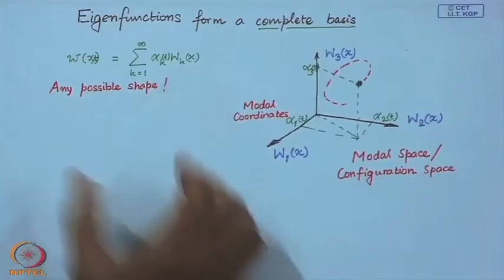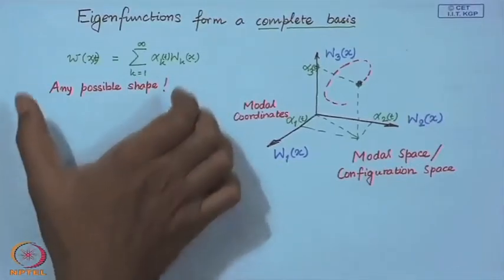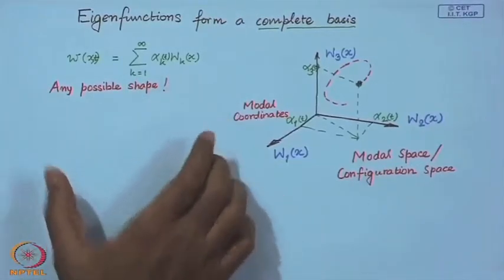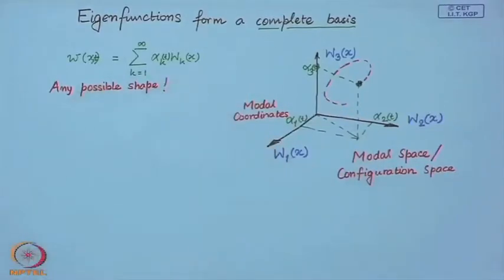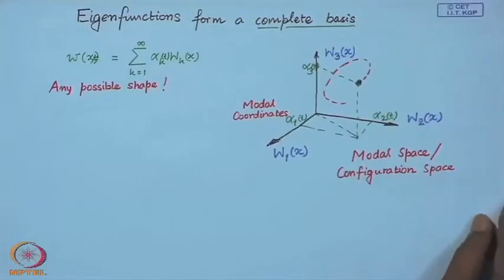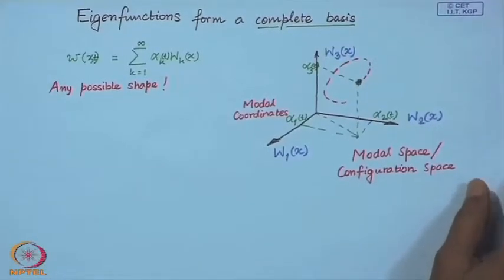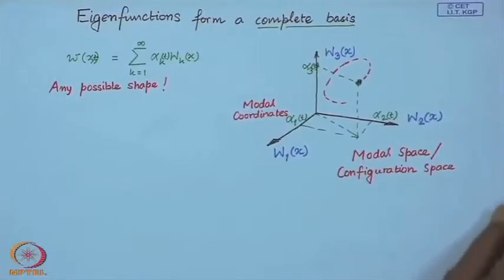Now, this fact that any shape or any dynamical shape can be represented through this expansion allows us to solve a number of problems related to vibrations of beams, and this fact we have also seen in case of strings, and this is true in general for continuous systems.